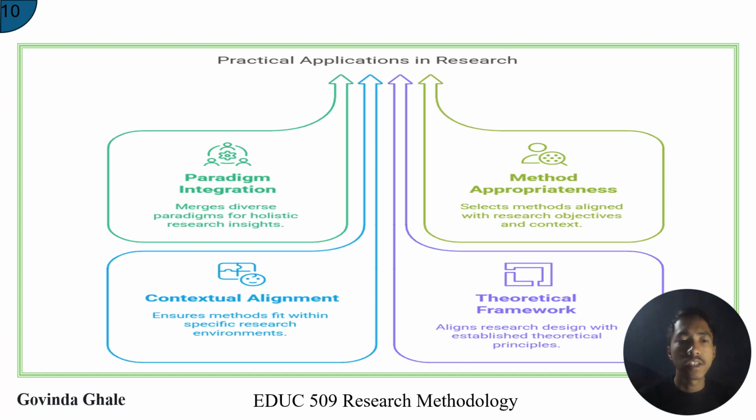Next is method appropriateness, that means selecting methods aligned with research objectives and context. We can use different methods and we can relate each other also.